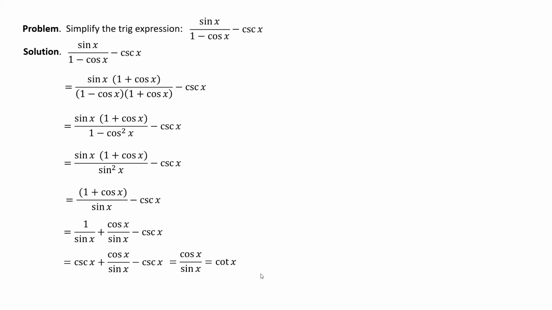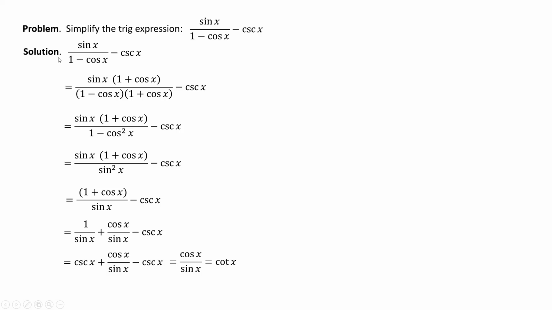When you get to calculus 2, you will learn about something called integration. If you are asked to find the integral of this expression with respect to x, that's how the question would be phrased: find the integral of sin x over 1 minus cosine x minus cosecant x dx.